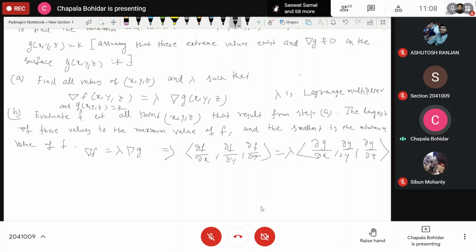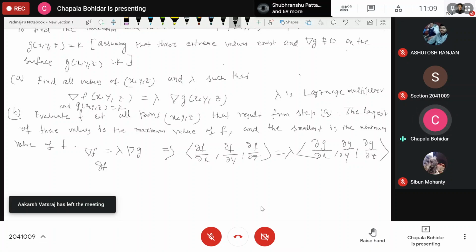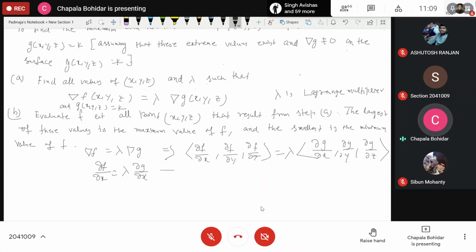I can write down this in terms of components. So this implies we have four equations, including the constant. Comparing the components of each side, we get del f by del x is equal to lambda into del g by del x, say 1. Del f by del y is equal to lambda into del g by del y, say 2.